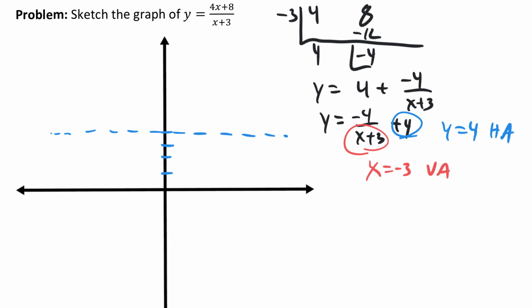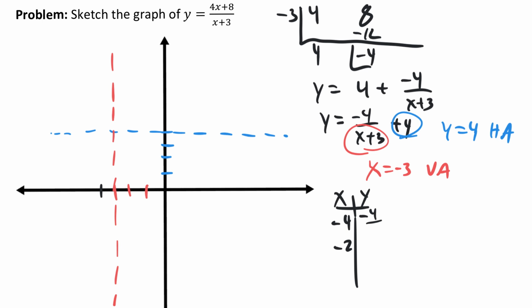All right, and we need a little table here, so we'll plug in -4 and we'll plug in -2. So when we plug in -4, we're going to get -4 over -1 plus 4. So that's going to be 4 plus 4.